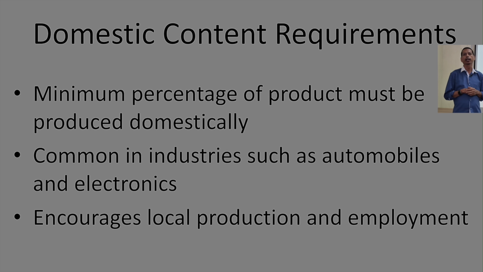They require that a certain percentage of a product must be produced domestically. For example, a government might require 40% domestic content for automobiles. That means manufacturers must produce at least 40% of the car's value inside the country.